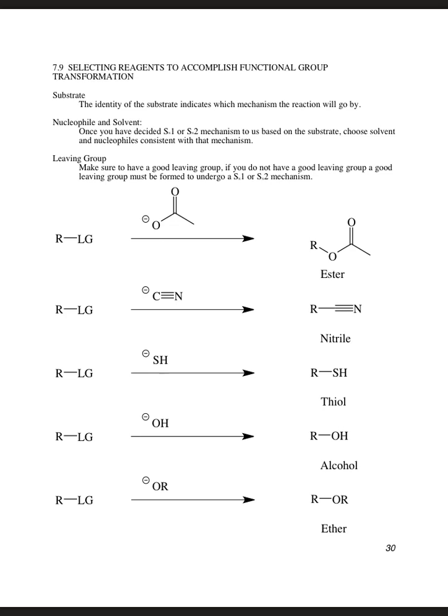So with basic nucleophiles, we can make an ester, we can make a nitrile, we can make a thiol, we can make an alcohol, we can make an ether, just by adding whatever nucleophile we need to our R group, whether it's SN1 or SN2.